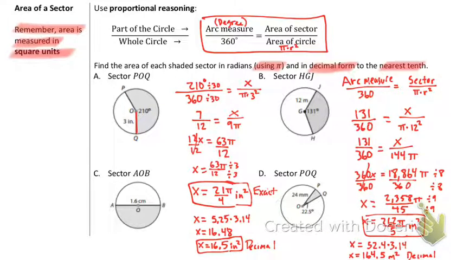Okay, so when you do an area, you always put your unit to the 2nd power. When you're doing a distance like arc length, you just put the unit without a power. All right, we will do C and D together in class and make sure we are comfortable with this.